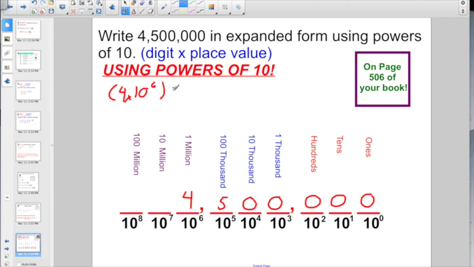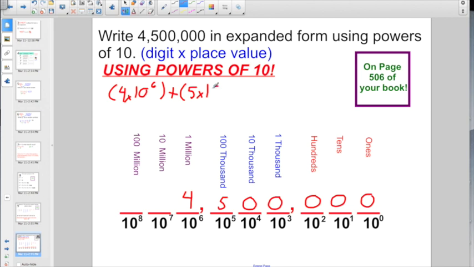Close out your parentheses, put in a plus sign, and let's start it all over again. Digit times the place value. 5 times, and I used to have to write 100,000. But 100,000 in powers of 10 is really 10 to the 5th power, right?